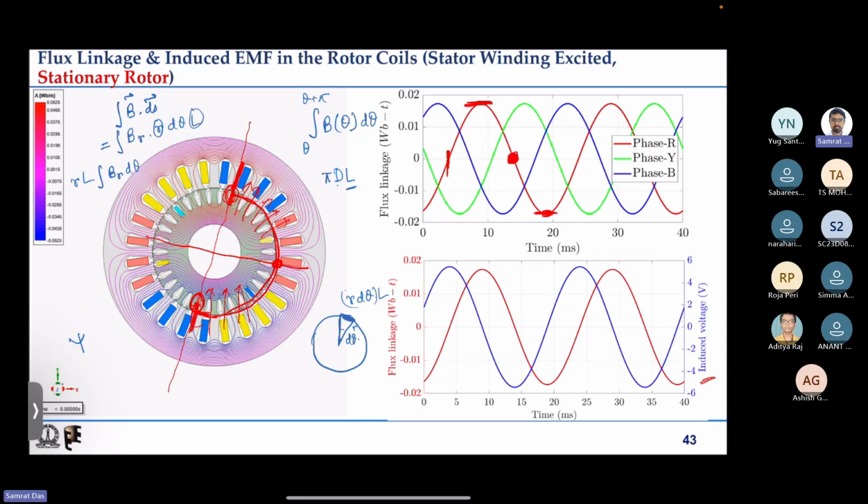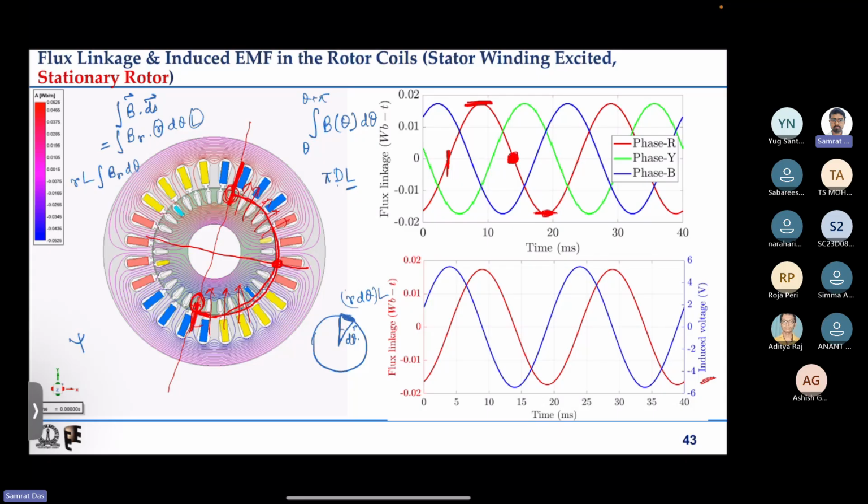So this is why, if we have some sinusoidal B distribution along the air gap, and that B distribution itself rotates, then if we have some stationary coils, the flux linking those coils will also be sinusoidal in nature.